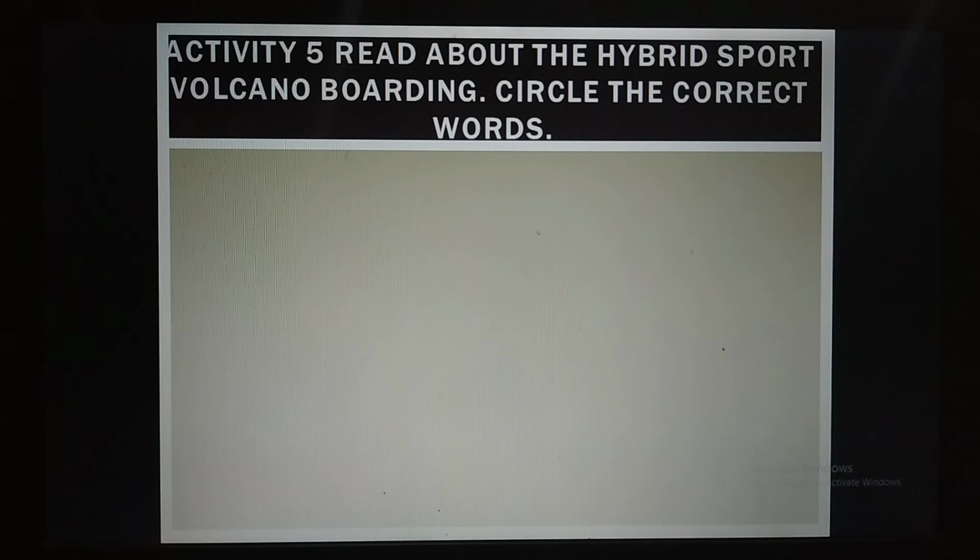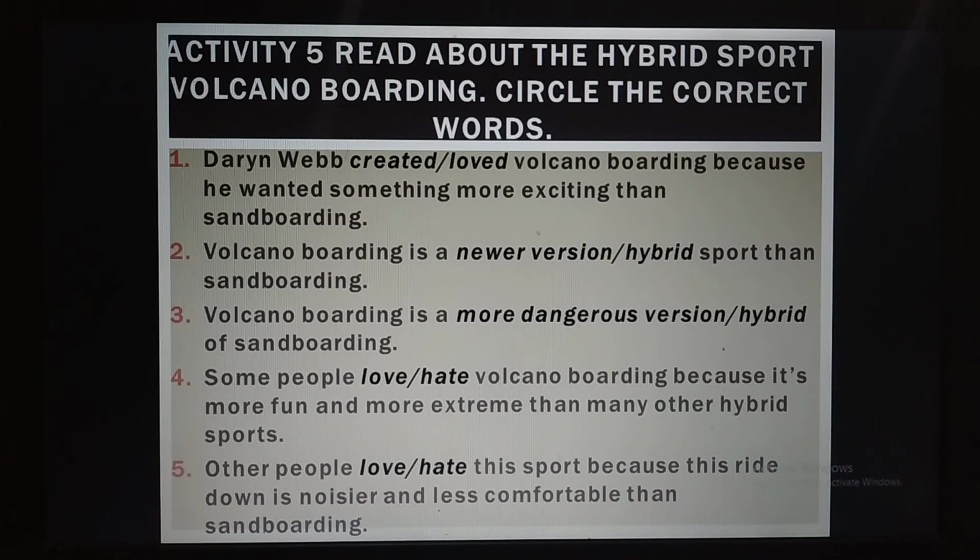You have to circle the correct words in the sentence. We have 5 sentences, and you have to choose the correct word in each sentence. So circle your answer. If you're done, you can take a picture of those activities that you have answered, and pass it to me, okay?